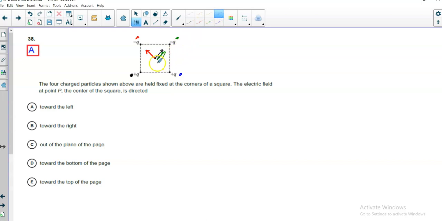And for the blue, it's directed away from the blue, so it's going to be this way. So really you end up with 2 vectors going that way, 2 at 90 degrees to it that way. When you add them, you should get something going straight up. So I would say towards the top of the page.